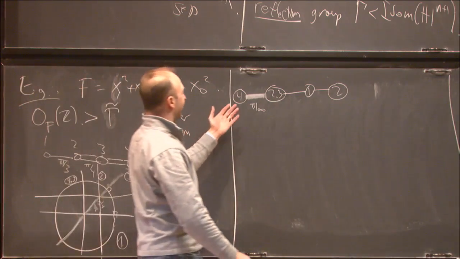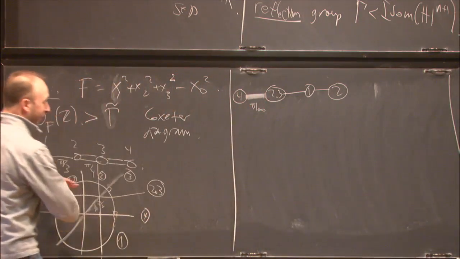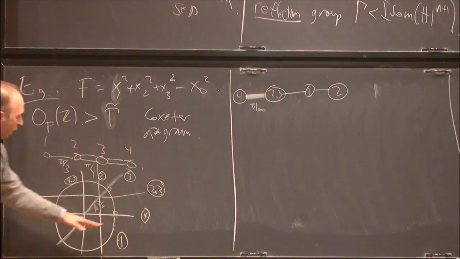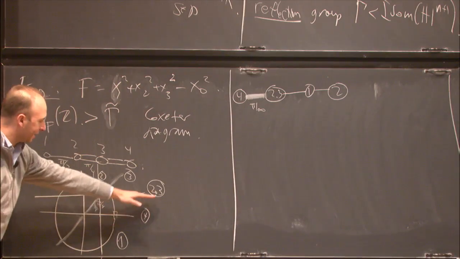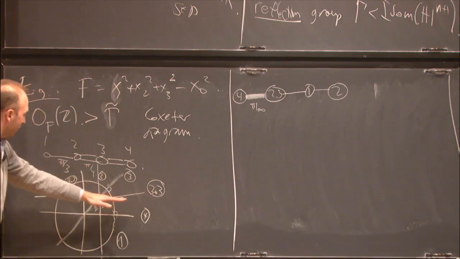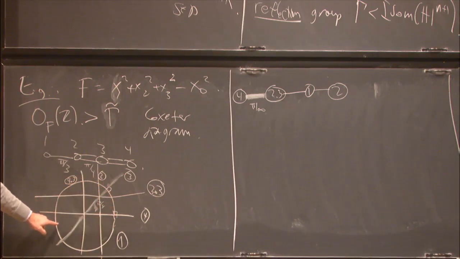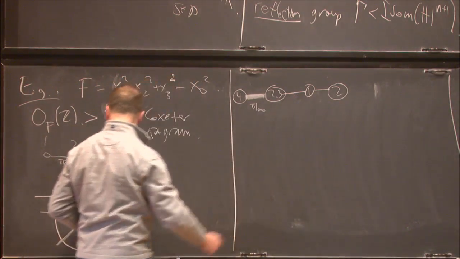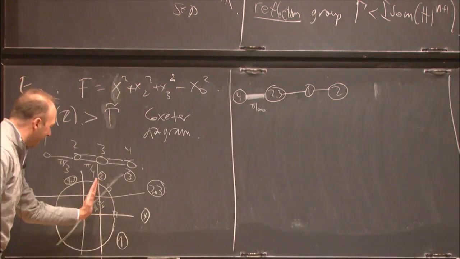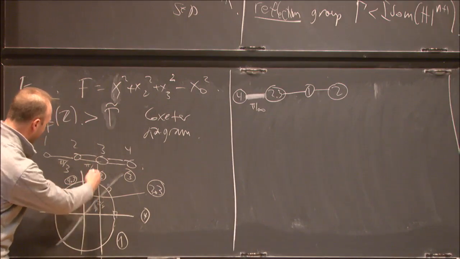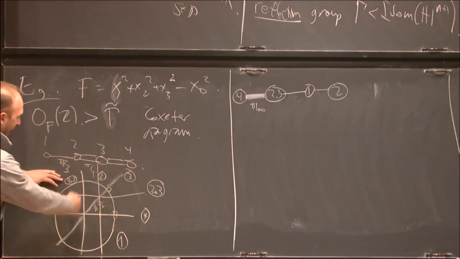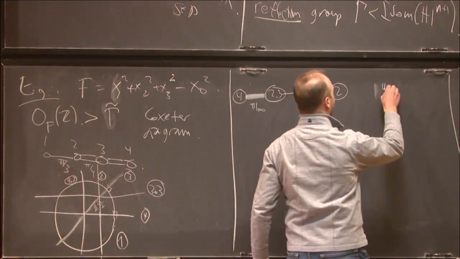So these meet at angle 0 because they're tangent, so I put a thick line there. 4 is orthogonal to everybody except it's tangent to 2.3. 2.3 is orthogonal to everybody except it meets 1 at angle pi over 3. That's what this symbol is. 1 meets 2 at angle pi over 3. 2 is orthogonal to everybody except for 4.3. And 2 is tangent to 4.3.